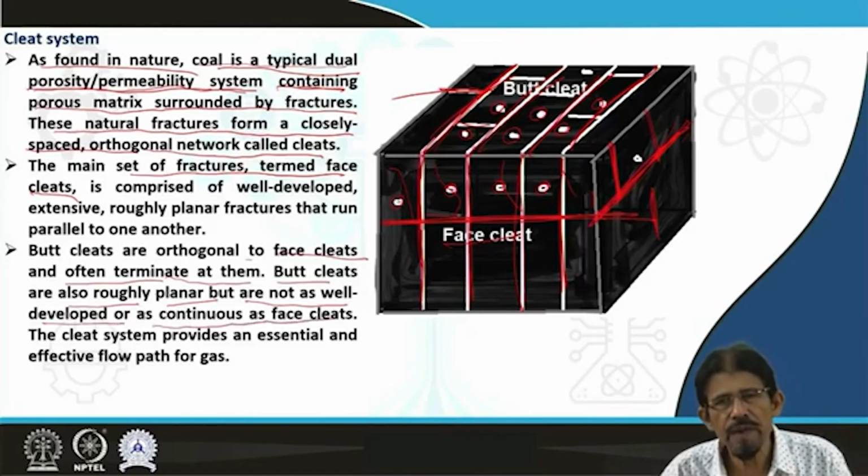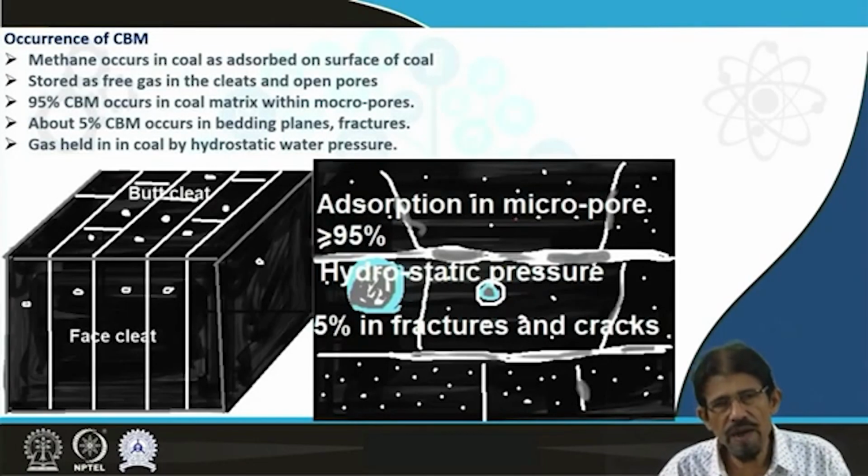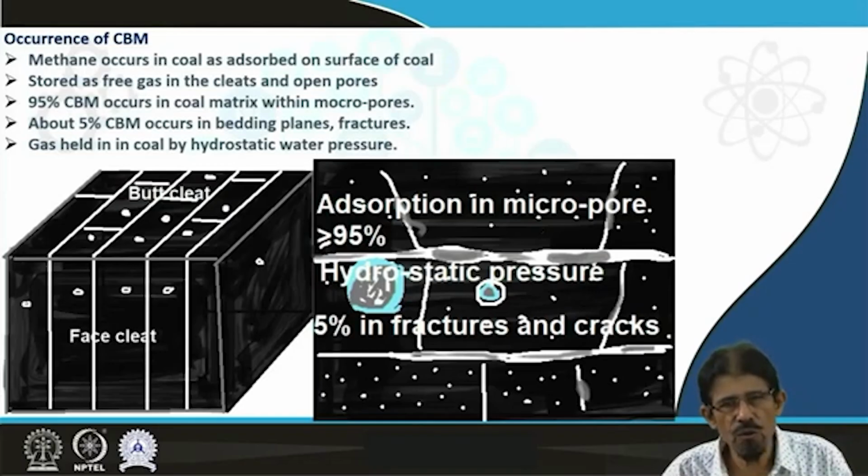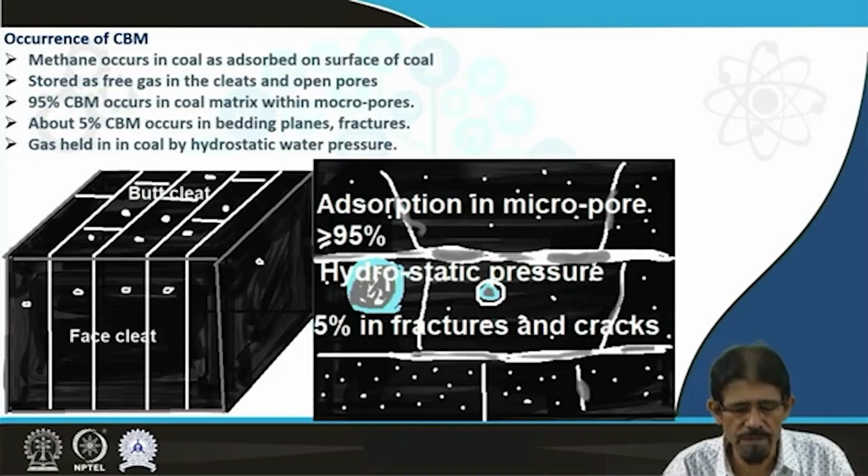As far as the occurrence of CBM is concerned, because coal has dual porosity and permeability, the pores as well as discontinuities are responsible for the availability of gas or oil or anything; particularly we are discussing CBM.